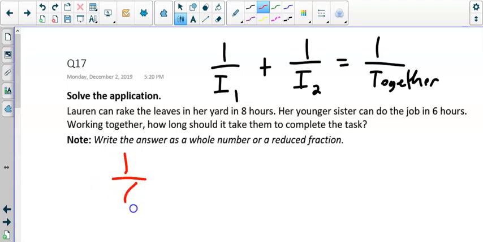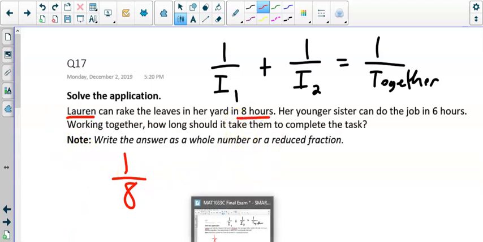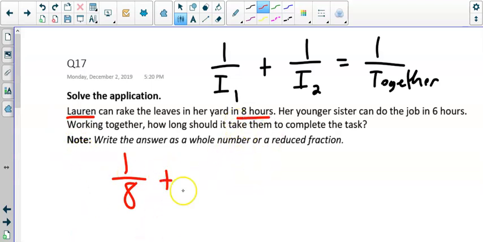Because it takes Lauren 8 hours. Plus 1 over, talk to me about the next item. It's 6. Because her sister can do it in 6. Equals 1 over, do I know how long it takes them to work together?